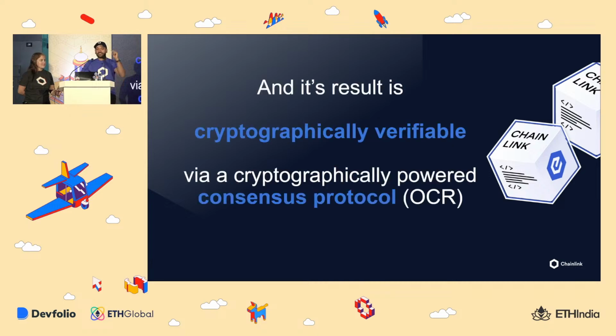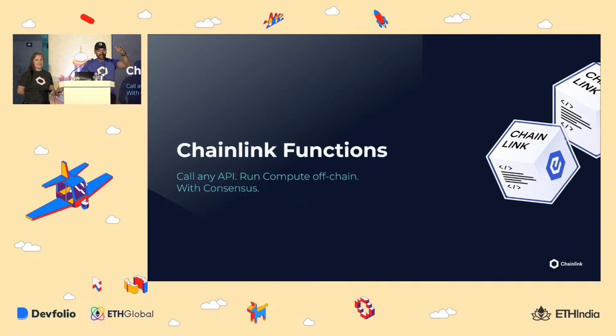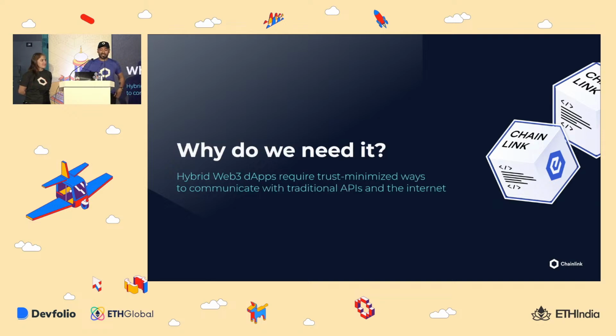And the result of that execution is cryptographically verifiable through the Chainlink consensus protocol known as OCR. So you combine all these things and you get Chainlink Functions, with which you can call any API anywhere in the world, run compute on it that's much more gas effective than doing it on chain, get consensus on the return result, and have that posted back to your consumer smart contract, the smart contract that consumes Chainlink Functions.